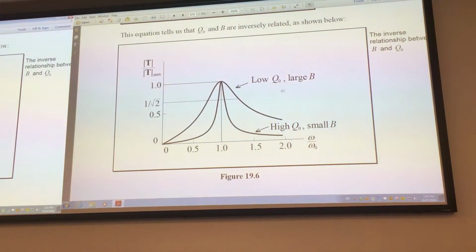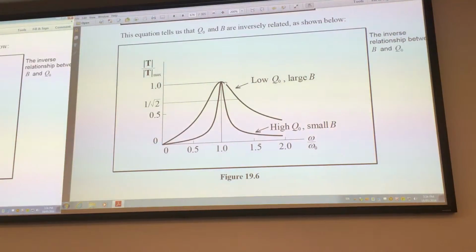So we say that this circuit has low quality, because normally we want it to have a very sharp resonance. That's the only reason for calling this the quality factor. It could be called anything else, but it was used to distinguish between better and worse resonance circuits. That's where it came from.